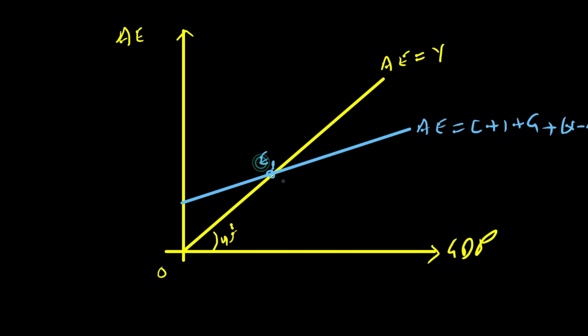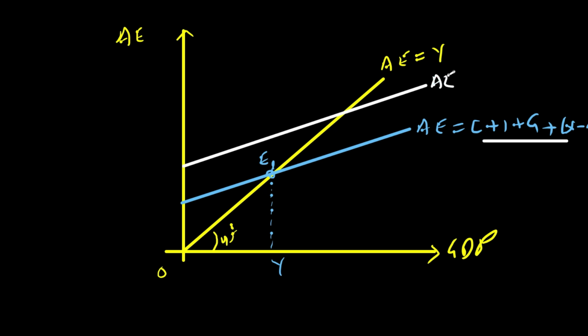So we have initial equilibrium in the economy at E where real GDP is Y. And now if there is an increase in aggregate demand or aggregate expenditure because of increase in investment or any other component mentioned here, then the aggregate expenditure line will shift upward to AE1 and the new equilibrium will move to E1 where real GDP will rise to Y1.